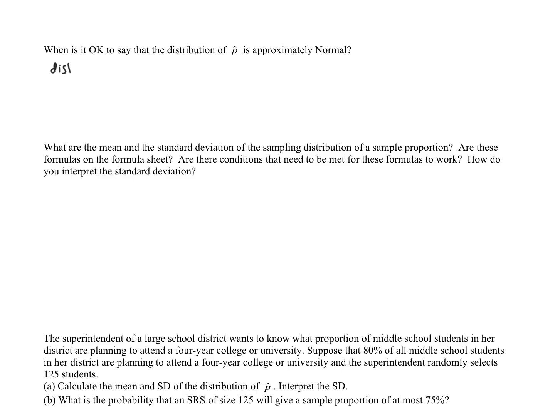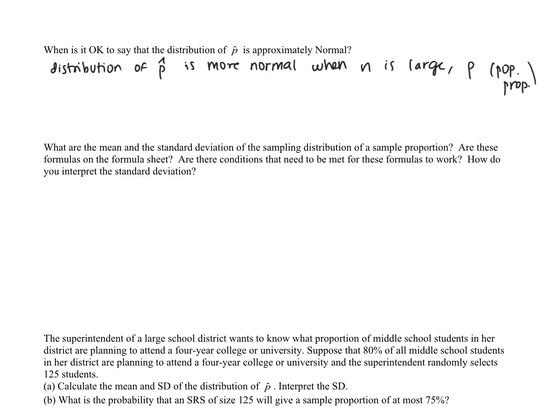So the distribution of p hat, and remember p hat is sample proportion, is more normal or approaches normality when n is large and or p, which is population proportion, is close to 0.5.